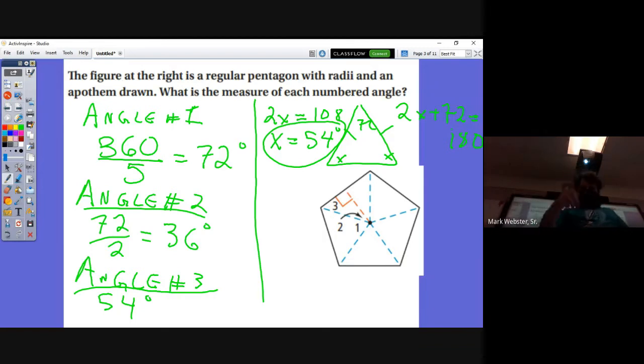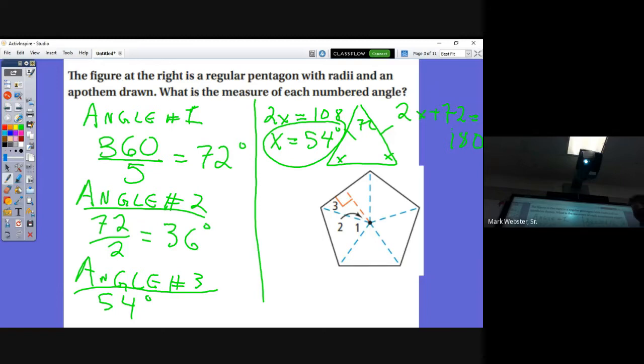I don't know if y'all can see I'm making a circle shape with my hand. But the whole thing is 360. If there's 5 of them, just divide by 5. If it was a 12-sided figure, divide by 12. A 50-sided figure, divide by 50. It doesn't matter how many sides there are, divide by that number, and that'll get you angle number 1.